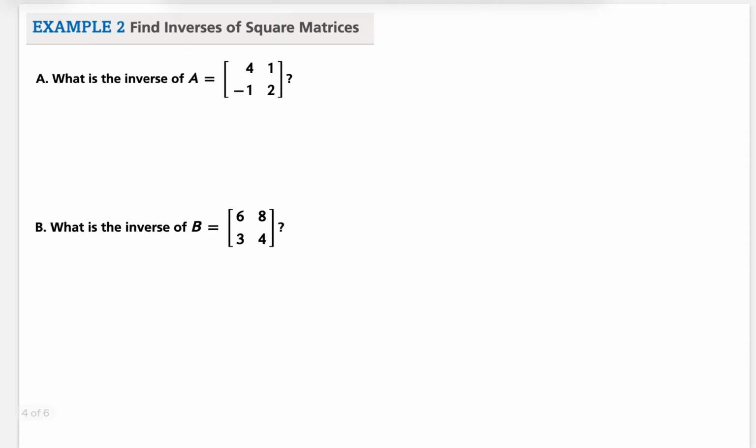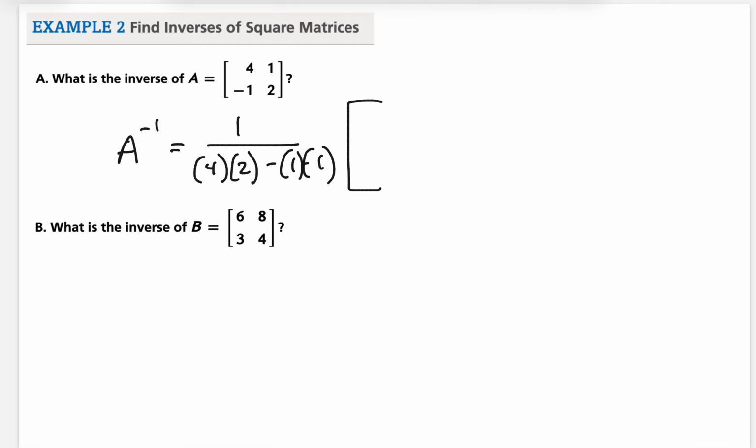Okay, example 2 is just two more practice problems of this. To find the inverse of A, we're going to take 1 over 4 times 2 minus 1 times -1, and then multiply that by 2, -1, 1, 4.